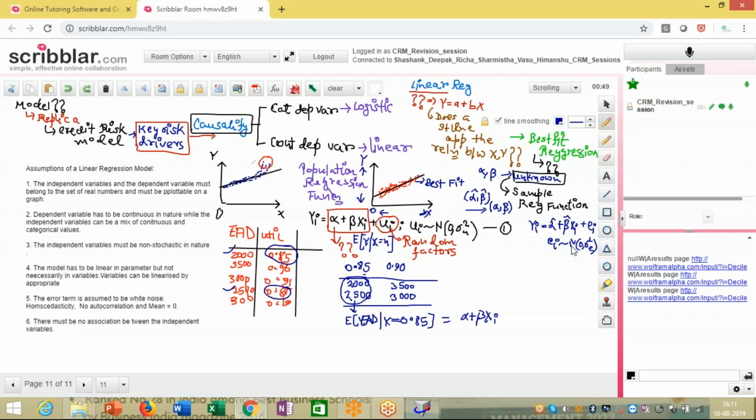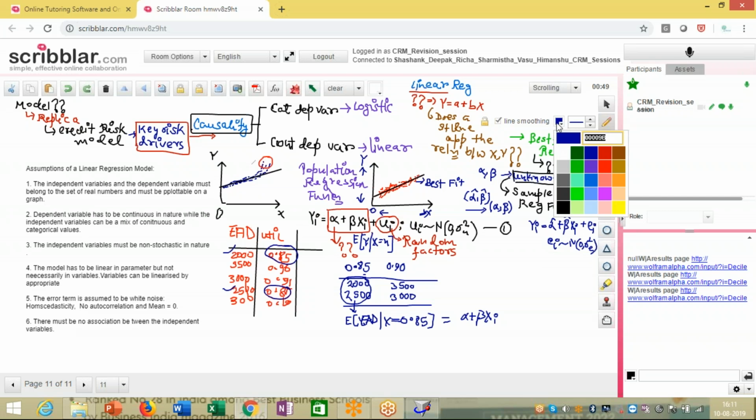So over here, yi is alpha hat plus beta hat xi plus ei. The ei follows a normal distribution with mean 0 and sigma square e. So you have these two parts. Now the question is, how do we go about predicting? Based on the sample regression function, our objective is to predict the dependent variable yi.